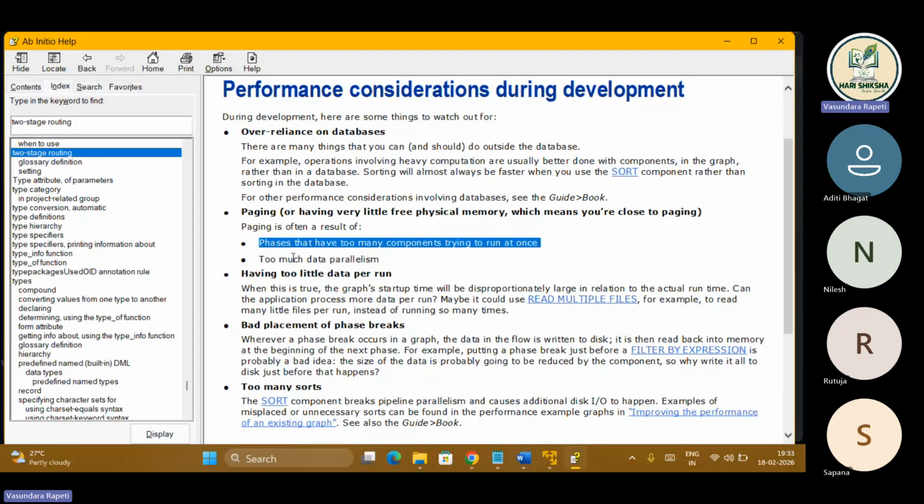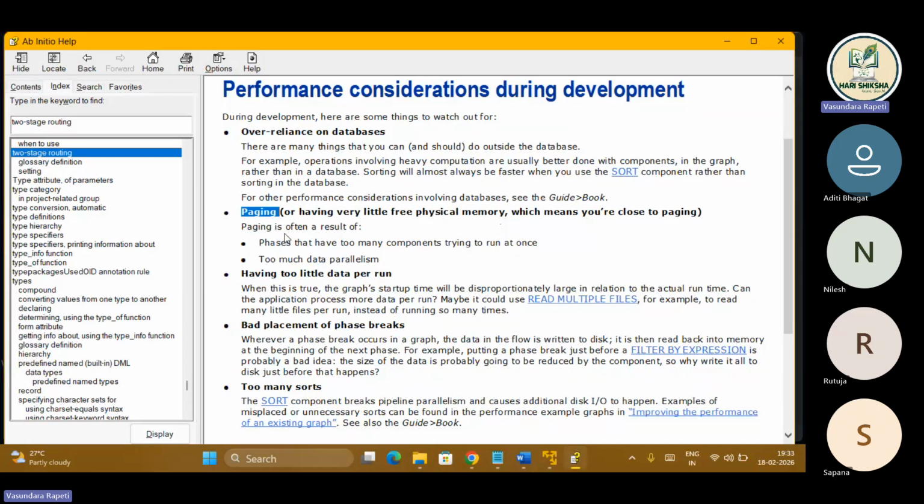And too much data parallelism. Data parallelism means so many components are running on different machines, and although they are using their own resources, if the RAM is getting occupied a lot, in that case also you are close to paging.